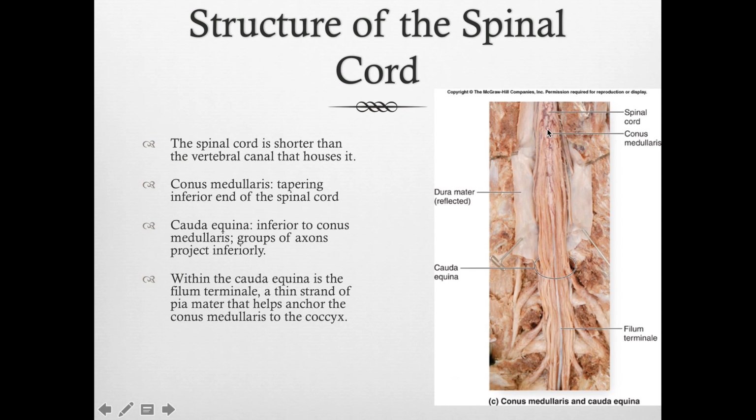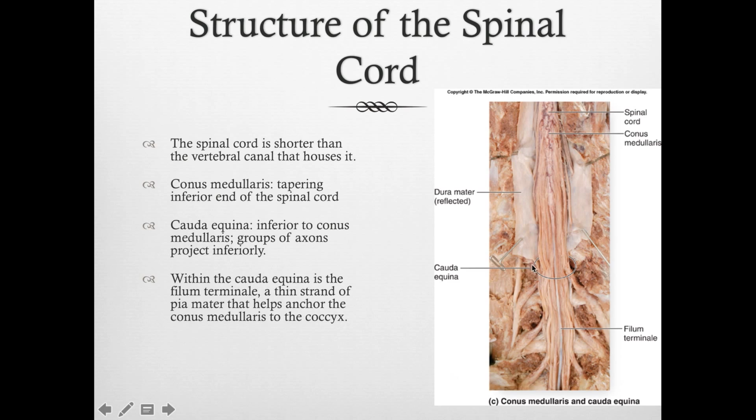Now, right off of the conus medullaris, this tapering end, you see this kind of fraying set of threads that seem to be coming off. And this very much looks, minus the fact that it looks like actual tissue, a little bit like a horse's tail.